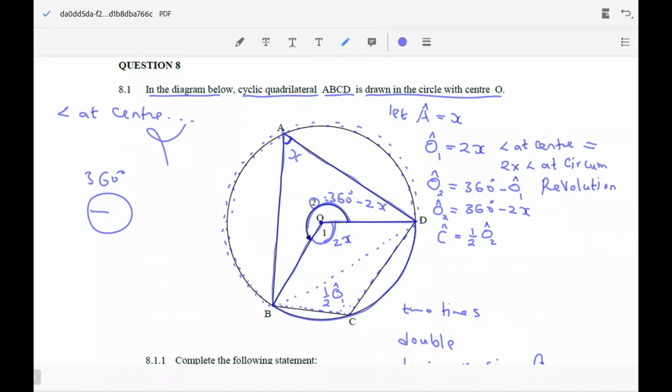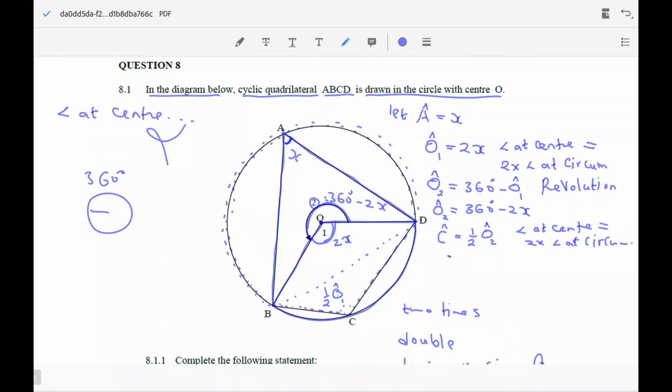So that's why we are stating that C equals half of O2. The reason being angle at the center equals 2 times angle at circumference. So that's a theorem guiding us.